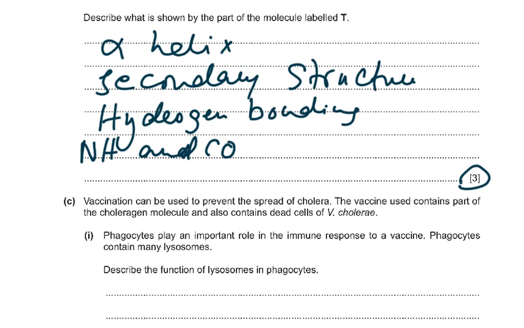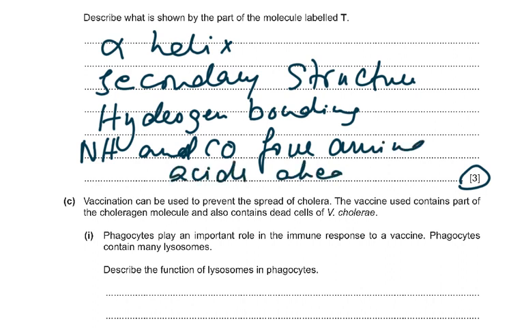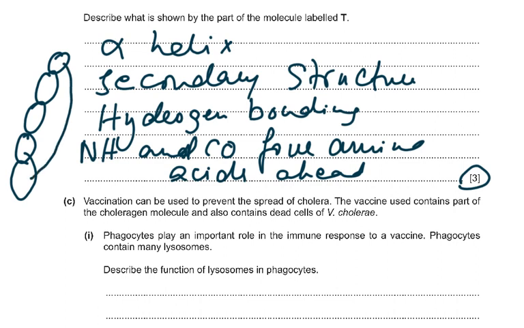I always say it's the first and the fifth. So this is the first amino acid, the second, the third, the fourth, and the fifth. So hydrogen bonding between this and this, 1, 2, 3, 4, 5. So it's between the first and the fifth, or you say 4 amino acids ahead.